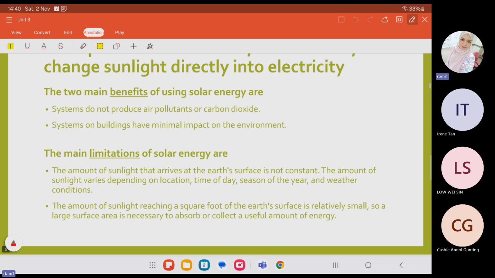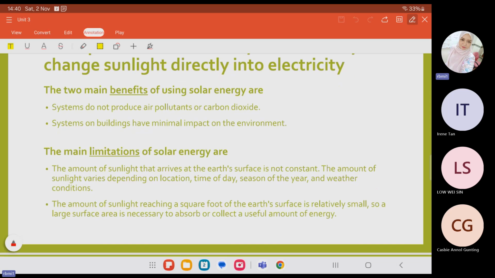We also have the limitations of solar energy. Because solar depends on the weather, the amount of sunlight that arrives at the Earth's surface is not constant. It depends on the location, time of day, seasons, and weather conditions.